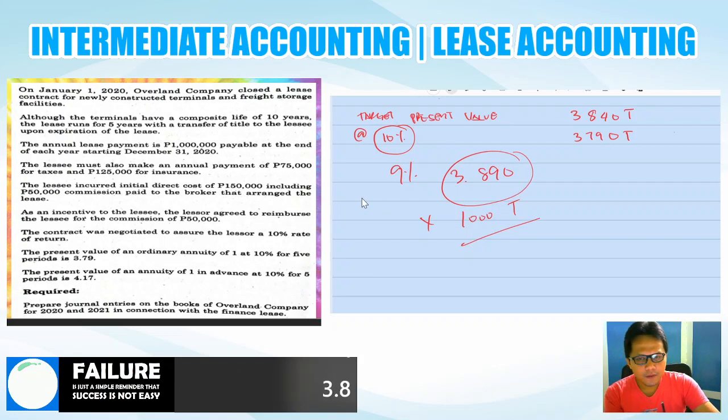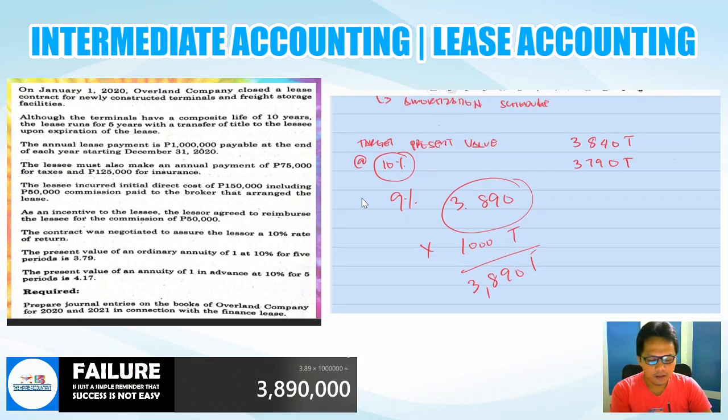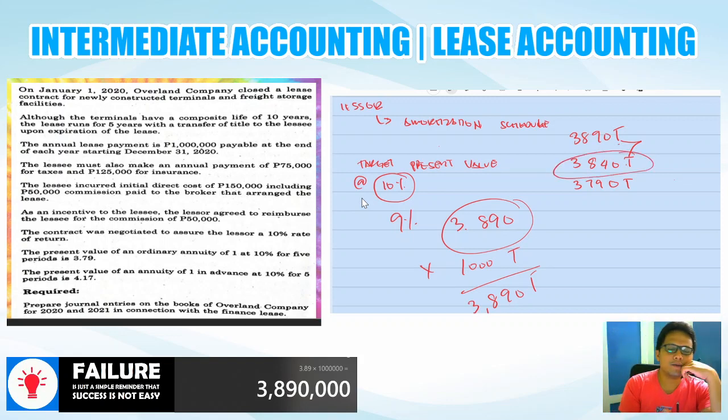So, 3.890, okay, multiplied by 1 million, we have 3,890,000. So, if we look at this, 3,890,000 ngayon is higher than 3,840 na.